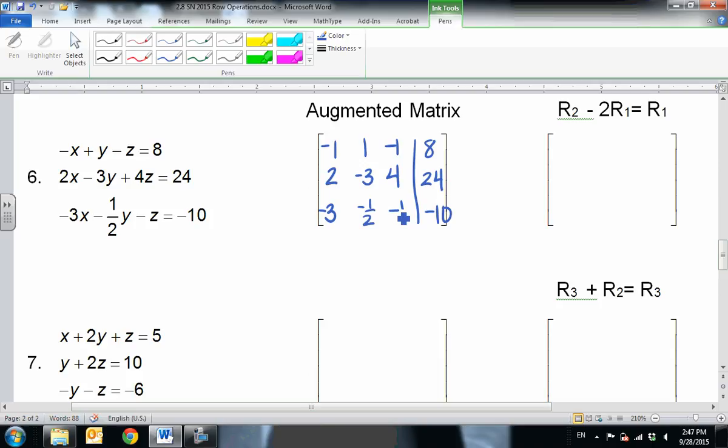Okay, he wants us to do row 2 minus twice row 1. So I'm going to take a sec and double row 1, and write it wherever you've got a little bit of space. So minus 2, 2, minus 2, 16.